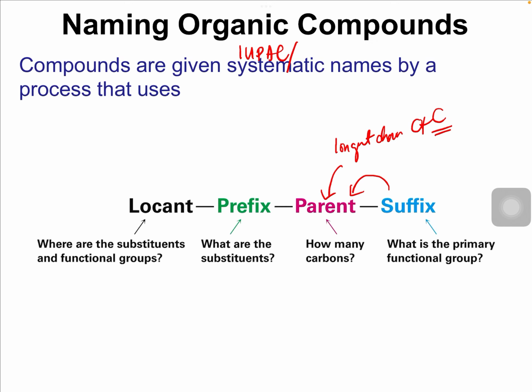Locant just means location. So where is the location? Where is the substituent connected or attached to dun sa ating parent? Don't worry, we will discuss one by one the rules on naming your organic compound based on the parent, the suffix, the prefix, and the locant.